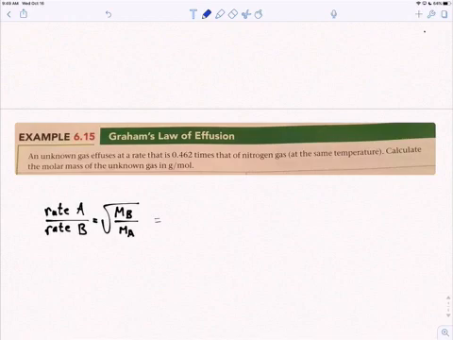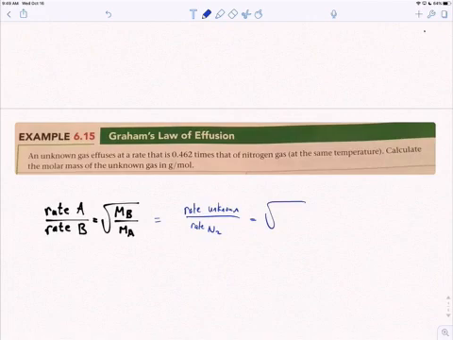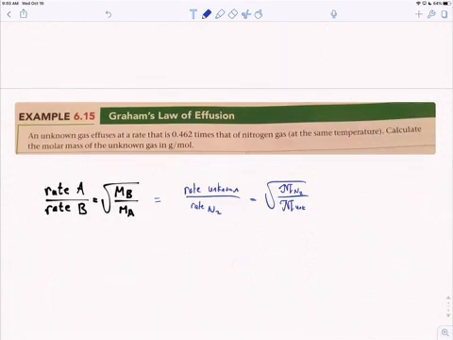So this would be the rate of your unknown over the rate of N2 equals the square root of the molecular weight of nitrogen all over the molecular weight of your unknown. And this is 0.462.